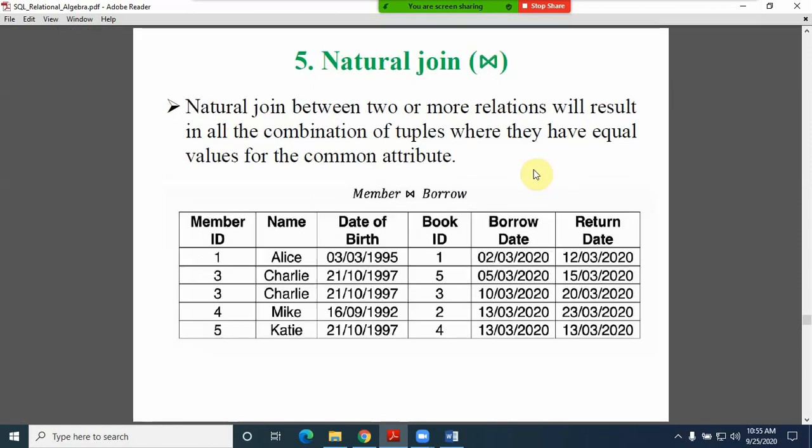So the reason behind this, friends, is that the natural join eliminates the duplicate columns. If in the join condition the same column is repeated twice, it won't allow that duplicate column. It only allows one time. Whereas in the case of the inner join, however many times the columns are there, those many times the columns are going to be represented.